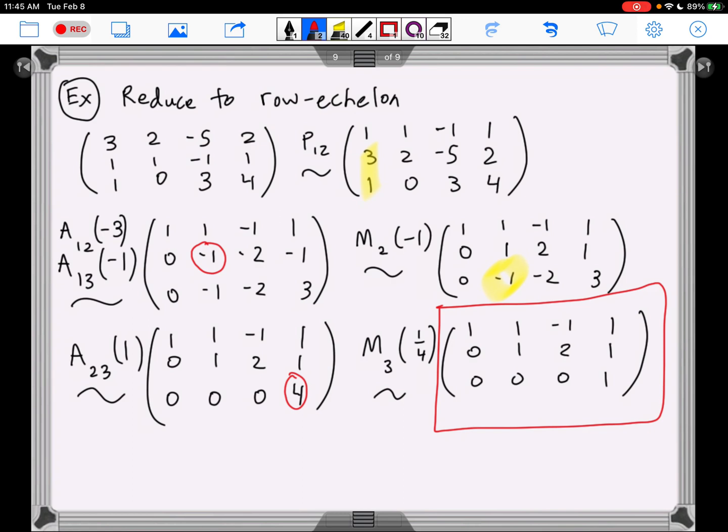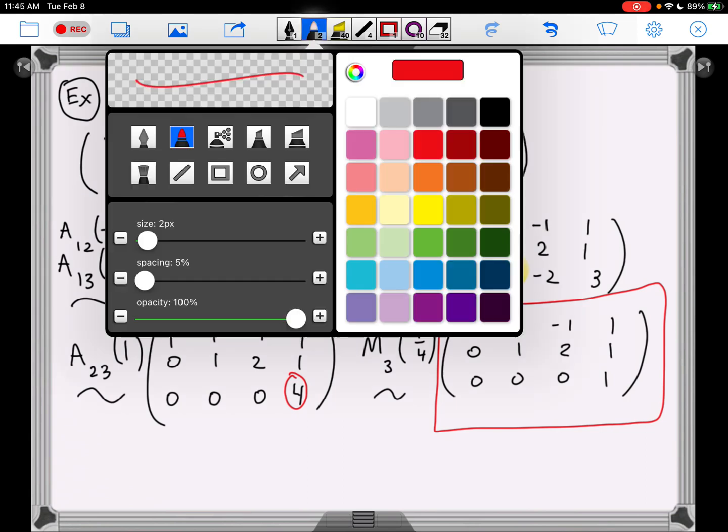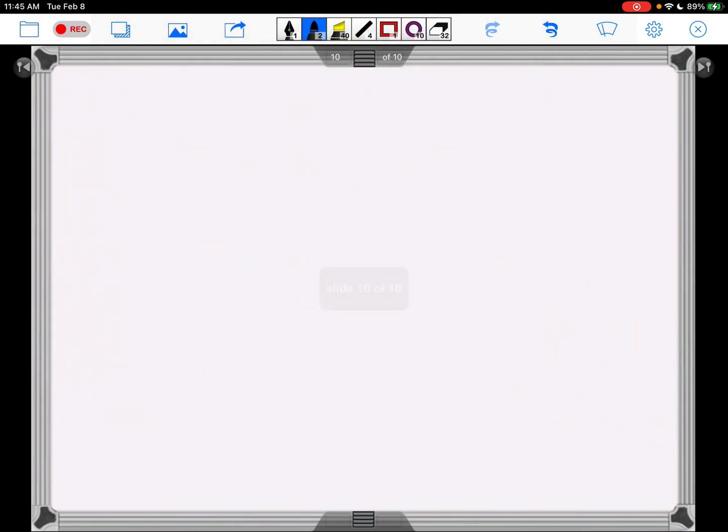Okay, so let's give a couple of extra results and one more definition here before we're done with this section. So let's go ahead and give a theorem first. First theorem.